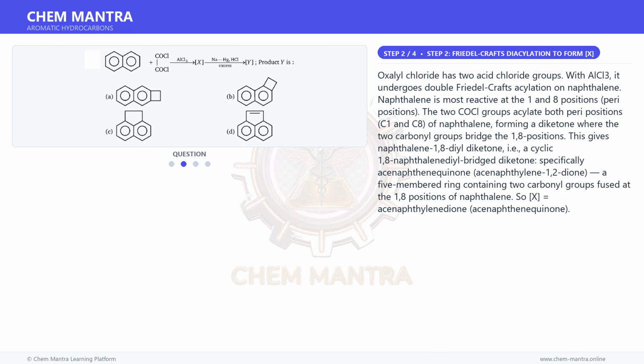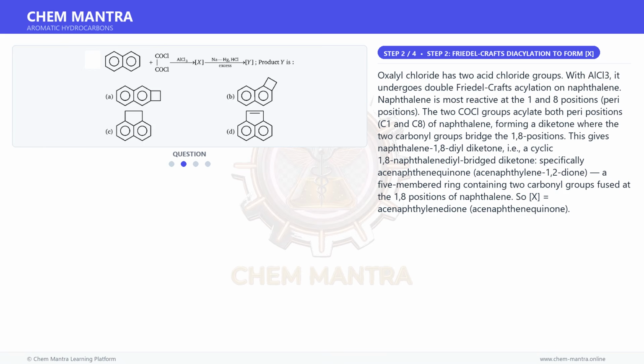Naphthalene is most reactive at the 1 and 8 positions, the peri positions. The two COCl groups acylate both peri positions, C1 and C8, of naphthalene, forming a diketone where the two carbonyl groups bridge the 1,8 positions.